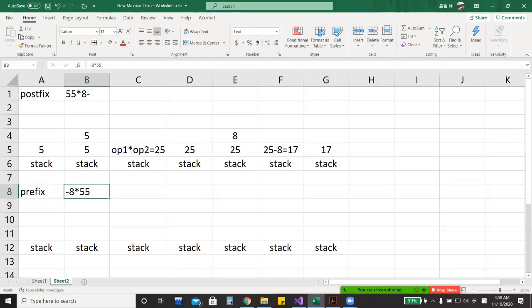That's the same as the first character that I read in postfix from the beginning. So if I read this prefix, it is 5, star sign, A, negative. That's the same order as when I read postfix: 5, star sign, A, negative sign.